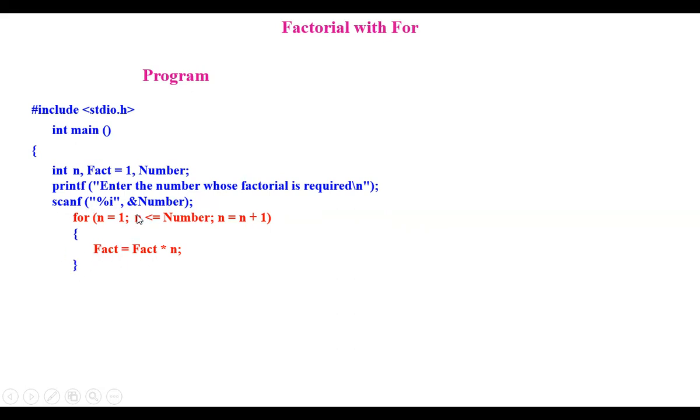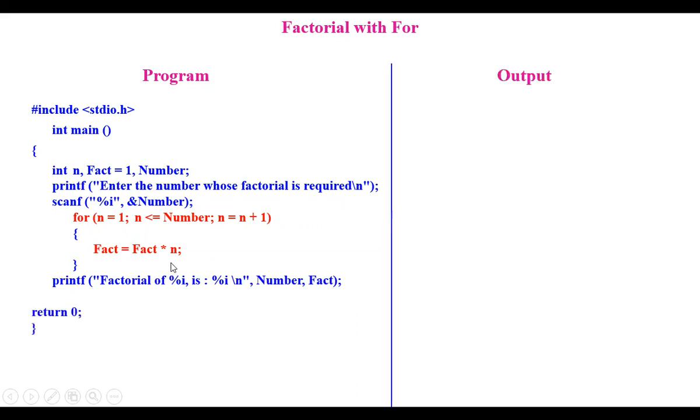When the loop continues, n becomes 2, and 1 into 2 gives 2, so fact becomes 2. When it continues, n becomes 3, and the fact value is already 2, so 2 into 3 is 6. Like this, the loop continues and the final result is displayed here.